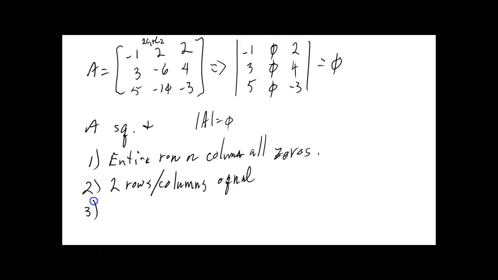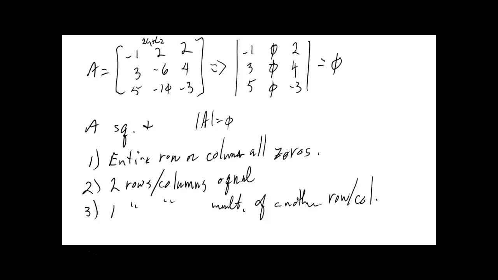Number 3. One row or column is a multiple of another row or column. That's what we just had. If any of those happens, your determinant is 0.